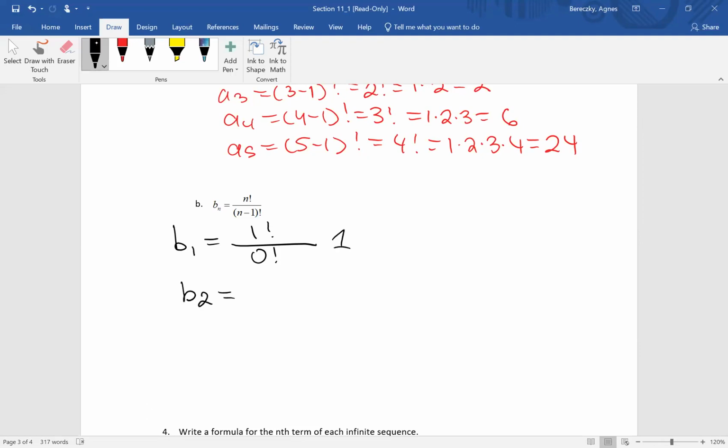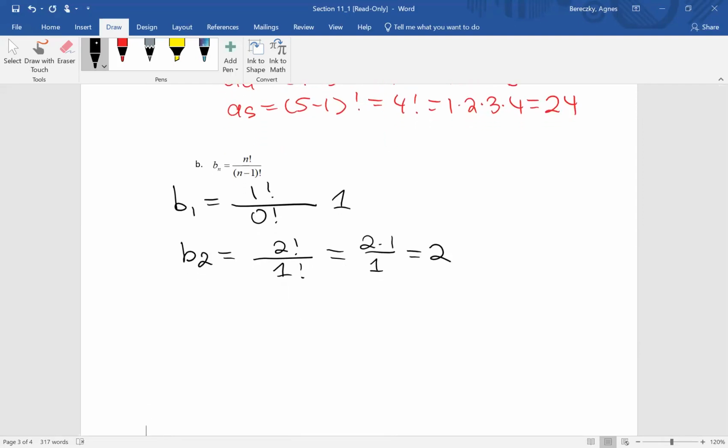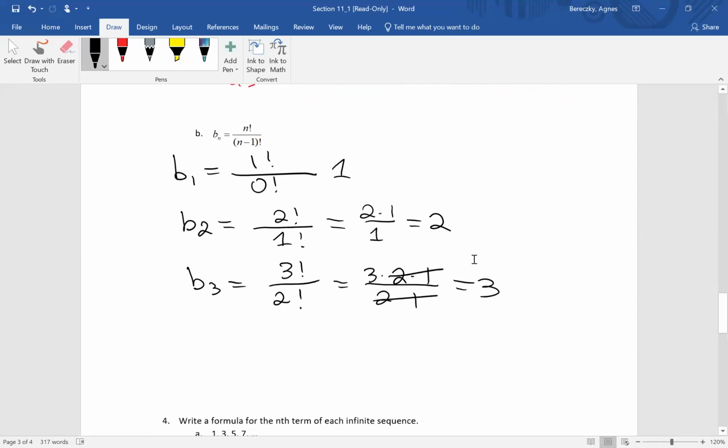B2 equals 2 factorial over 1 factorial. 2 factorial is 2 times 1 over 1, so that will be 2. B3 equals 3 factorial over 2 factorial. We know that 3 factorial means 3 times 2 times 1, and 2 factorial is 2 times 1, so these two cancel out. So that will be just 3.